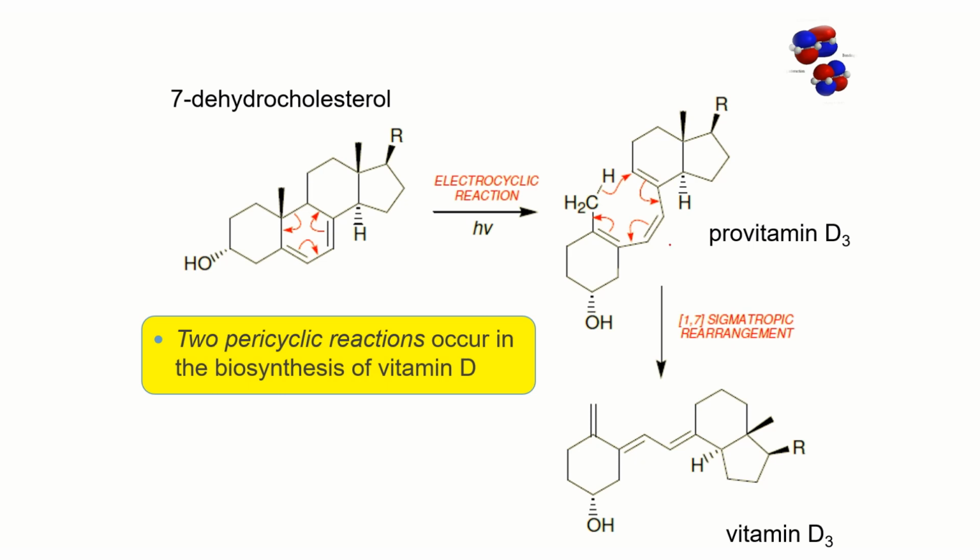Here, for example, we also see where the production of provitamin D3 is light driven. So you can see there's a ring opening reaction right here to give you the conjugated triene. And then, of course, we have another event, a sigmatropic rearrangement, which is thermal, to give us vitamin D3.